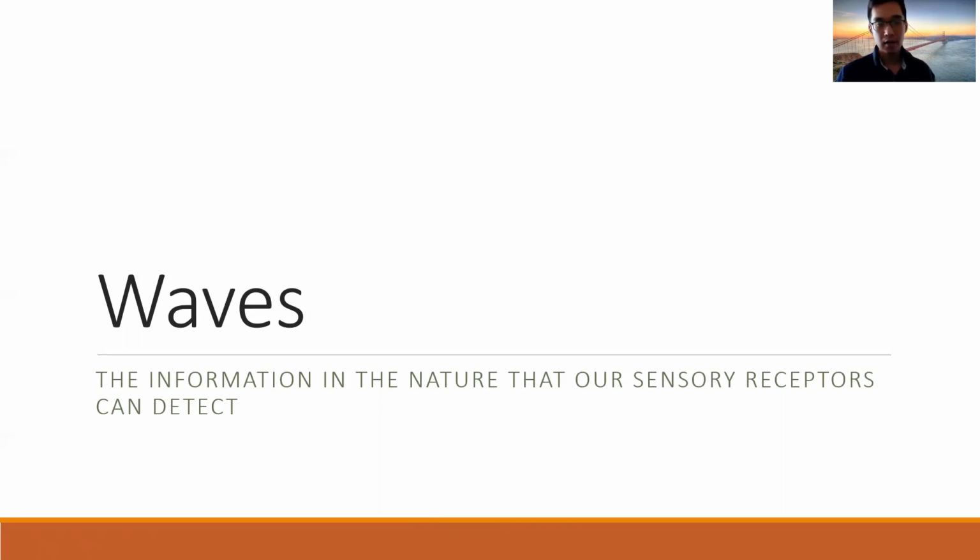Our eyes and ears are detecting waves so that we can see things and hear things. The nature of sounds and lights are waves. So let's recap what waves are and some properties of waves in nature.